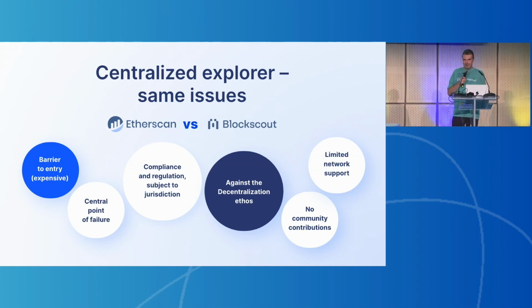For example, the main competitor on Ethereum mainnet costs around seven digits to get an explorer up and running. That's quite expensive and actually stopping innovation, right? Because not that many out of thousands of chains can pay for this. It should be available to anyone to run for whatever use case they have.